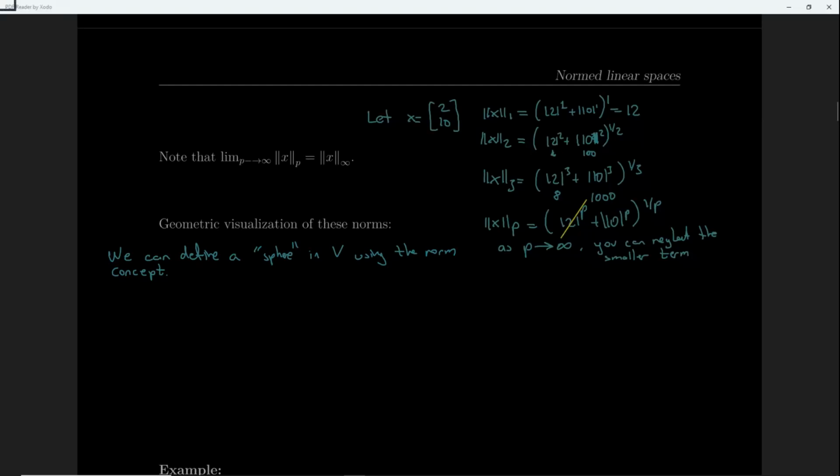So let's define a set S, the sphere, composed of the vectors in our vector space where the norm of V minus, let's say, V0 is less than a certain number R. Those points on S define a sphere with center V0 and radius R.